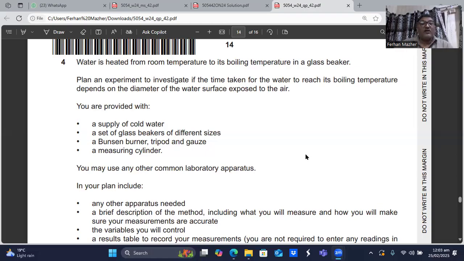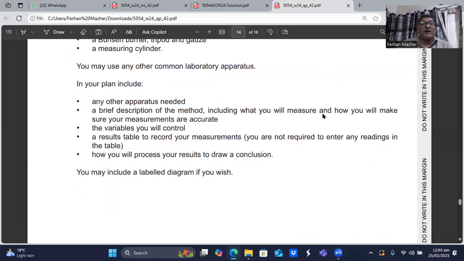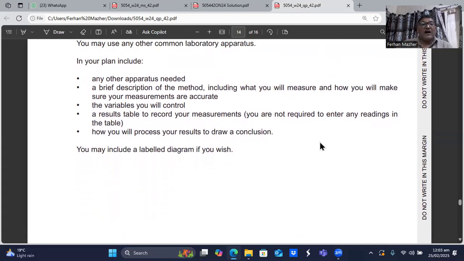In your plan include any other appropriate apparatus needed, a brief description of the method, including what you will measure and how you will make sure your measurements are accurate, the variables you will control, the results tables to record your measurements.